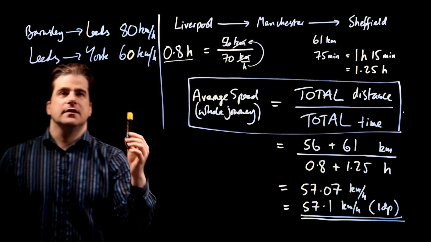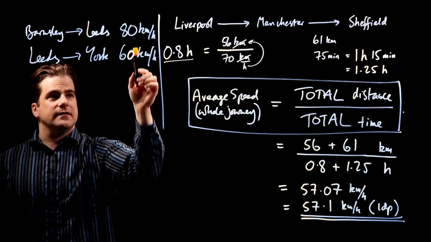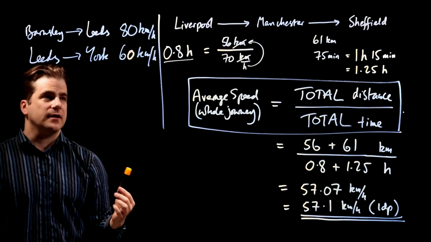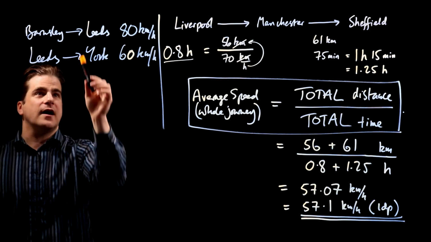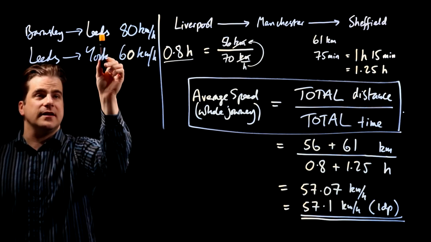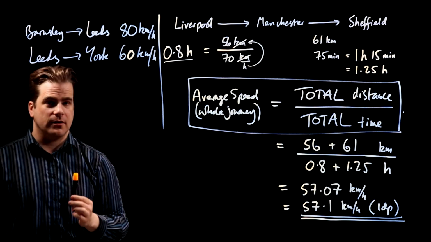So in other words, taking the average of 80 and 60 to get 70 kilometers per hour would only be correct if the time spent driving from Barnsley to Leeds is the same as the time spent driving from Leeds to York.